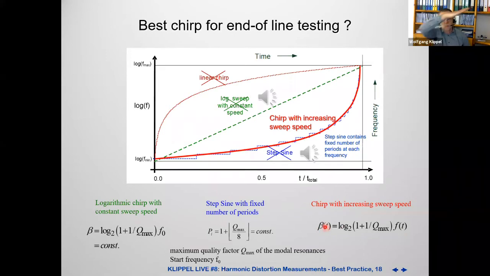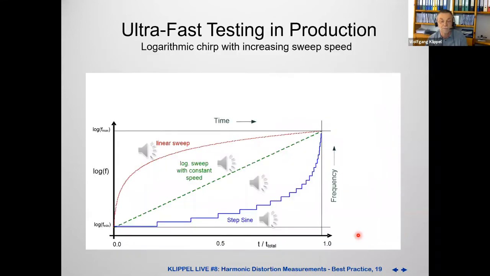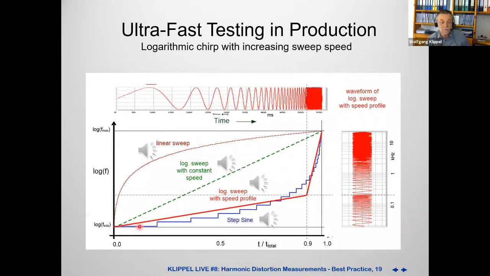With Farina, we need the constant sweep speed, at least in a certain frequency band. So the conclusion is quite simple. We are approximating the blue stepped sine curve with different sequences of logarithmic sweeps. And we are switching the sweep speed at that point.